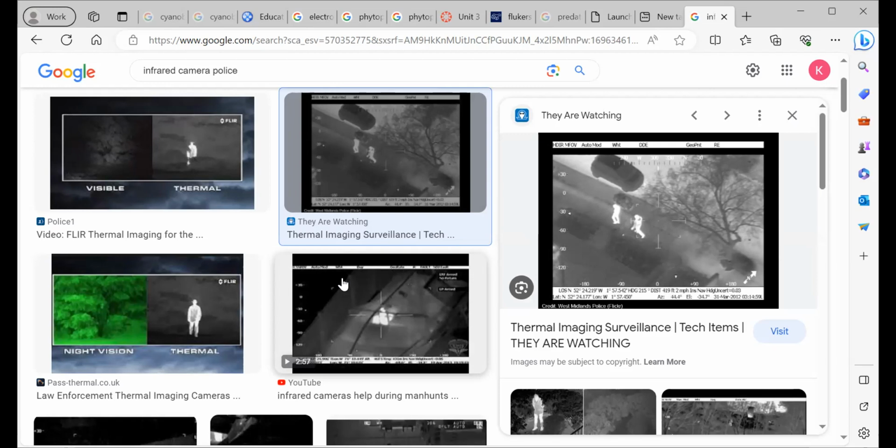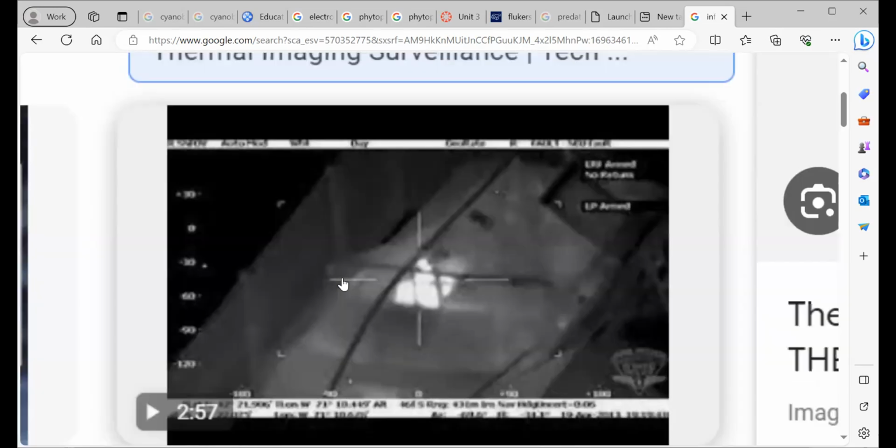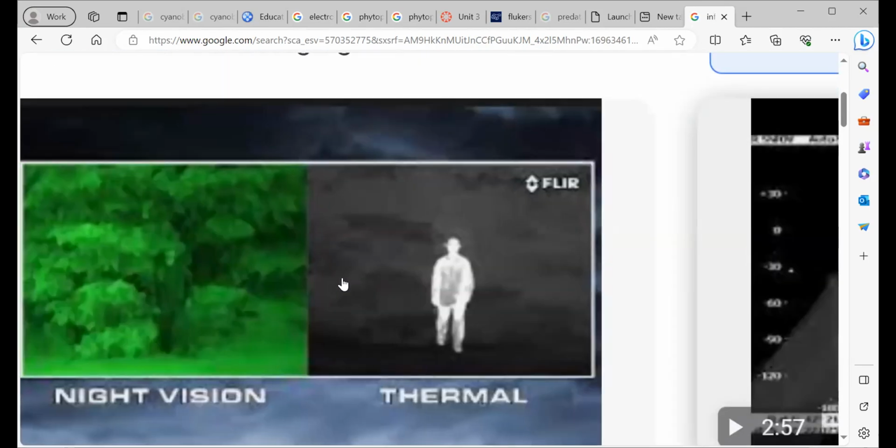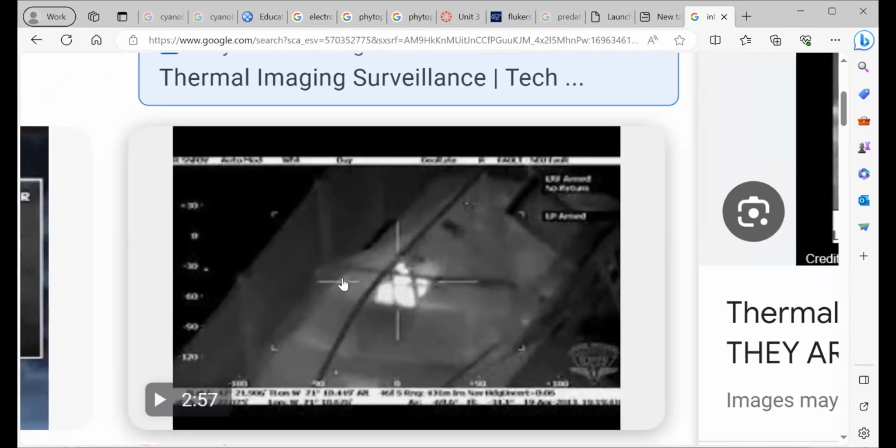Oh, now there's a third one, and they can see it because your body heats up like this. You got night vision on the left, but then there's thermal. That's infrared.